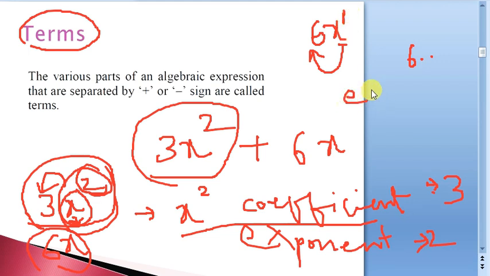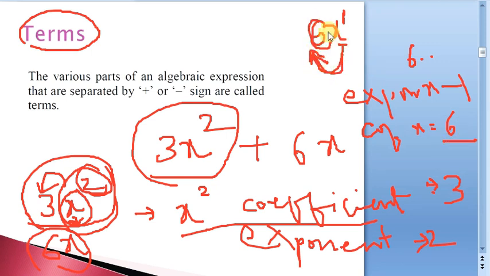So the exponent of x is going to be 1, and the coefficient of x is going to be 6. Whatever comes immediately before the variable, we call it the coefficient, and whatever is there as the power is going to be the exponent. So here we have seen what the exponent is and what the coefficient is.